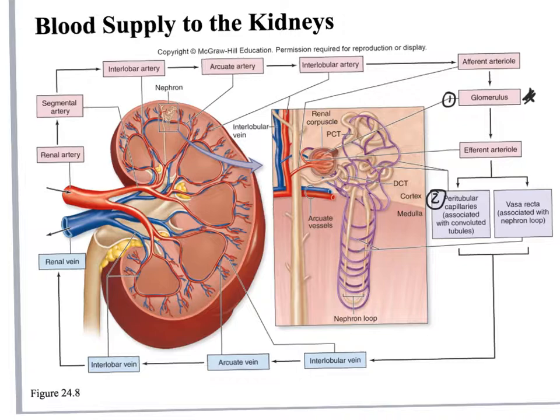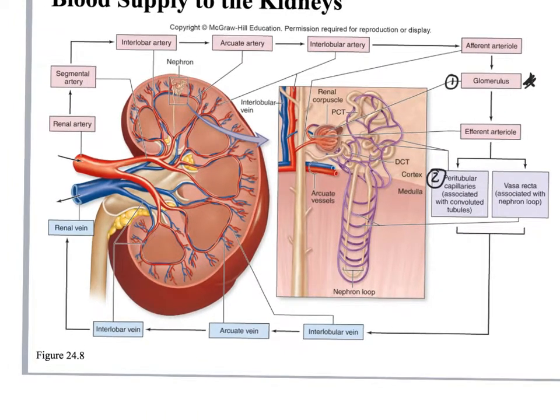And then blood enters the venule side: the interlobar vein, arcuate vein, interlobular vein, arcuate vein, interlobar vein, renal vein out of the kidney. So that's blood in, and the pathway out. They are basically the same on the way in and on the way out.